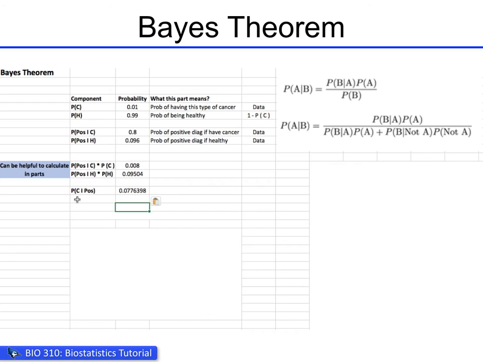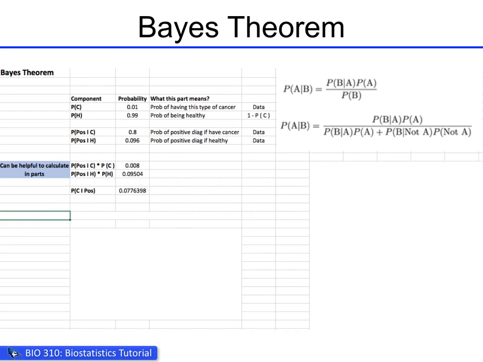Calculating out Bayes' theorem here, we see that it is equal to this component here, the probability of receiving a positive diagnosis if you have cancer times the probability of having cancer, divided by this component here: the probability of receiving a positive result if you have cancer times the probability of having cancer, plus the probability of a positive diagnosis when you do not have cancer times the probability of being healthy. Okay? So this gives us a value of about 0.08.